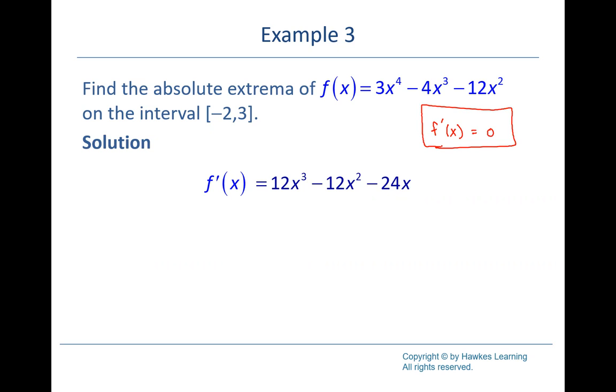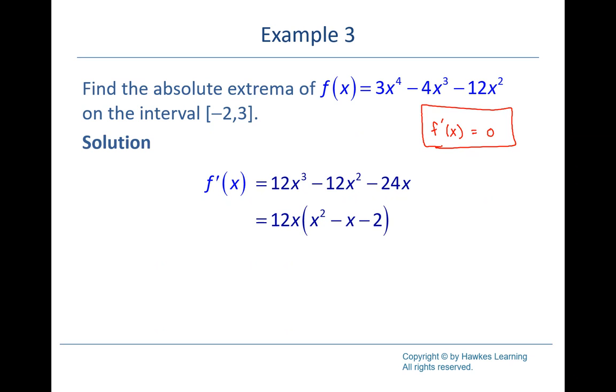Now, in general, we also need to consider where the derivative is undefined, but since our derivative here is a polynomial function, and we know that polynomials are defined everywhere, we don't have to worry about this derivative being undefined. We'll see some examples of this later on in this section. Well, in order to help us solve this equation, it'll be helpful to begin factoring our derivative.